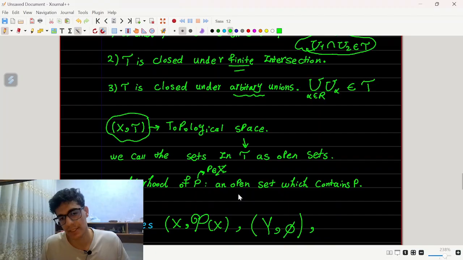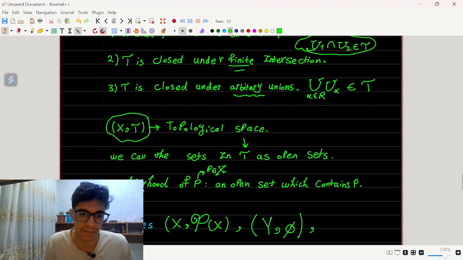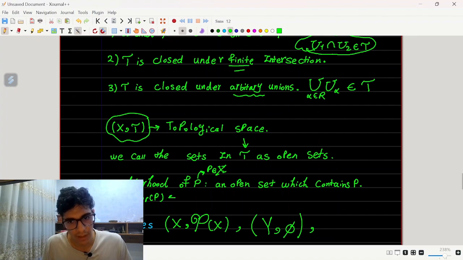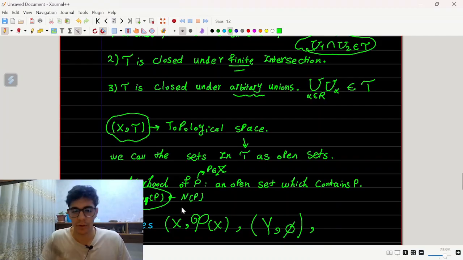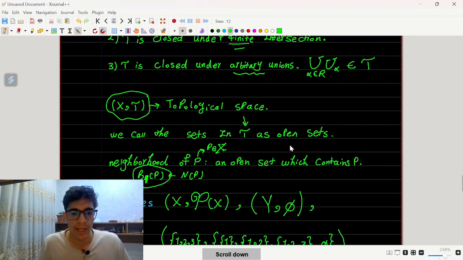A neighborhood of P is defined to be an open set which contains P. So that's what a neighborhood of P is, and we show it with this sign if you are in metric spaces because of this R. So generally you can say we show it like this or this. These are all appropriate notations.